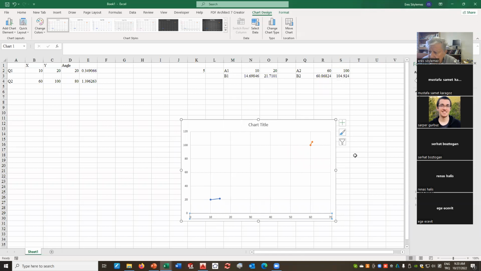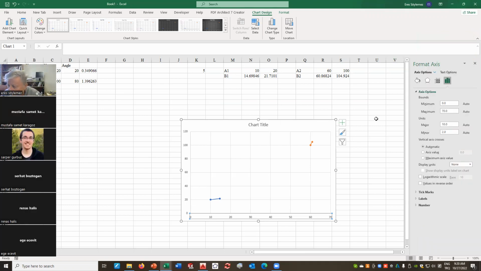Format axis. 0 to 80, units of 20. And then 0 to 120, units of 20.